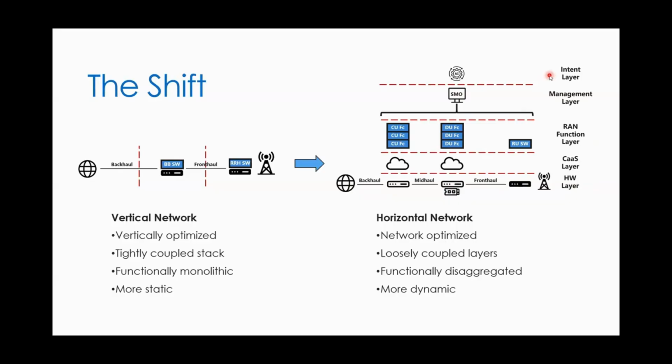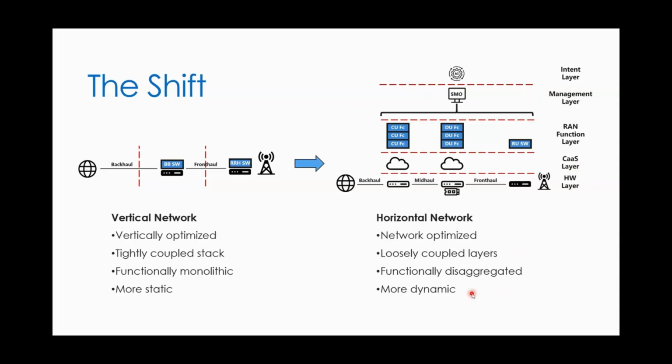But the idea there is that as we're automating the network and bringing in AI to do some of that automation, it's making decisions and looking at the network overall and trying to optimize from an end-to-end perspective and not just from a vertical individual function perspective. So it's shifting to more loosely coupled layers. It's becoming more functionally disaggregated from a layer point of view.